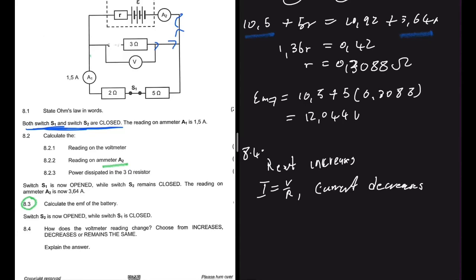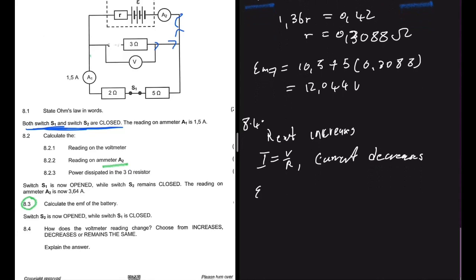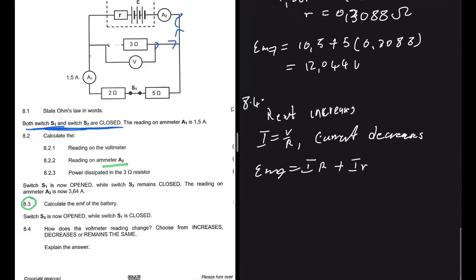If current decreases, and let me show you something, EMF is equal to I multiplied by R plus I multiplied by the internal resistance. If the current decreases and our internal resistance stays the same, then V internal is going to decrease, right?